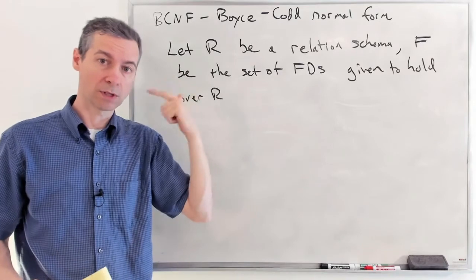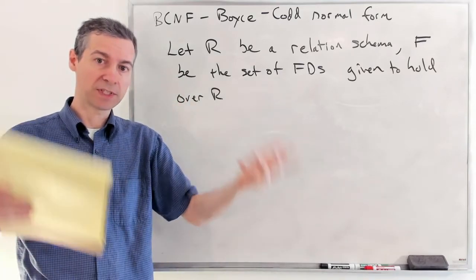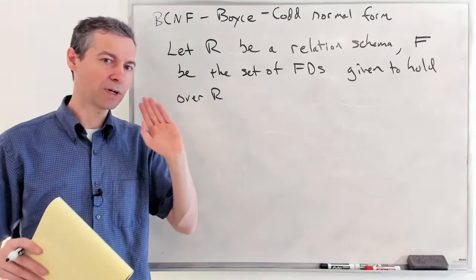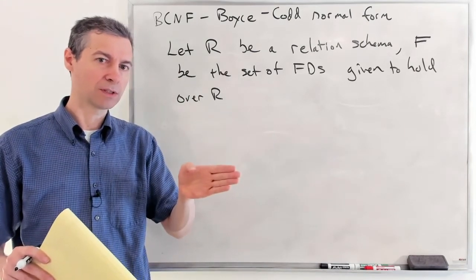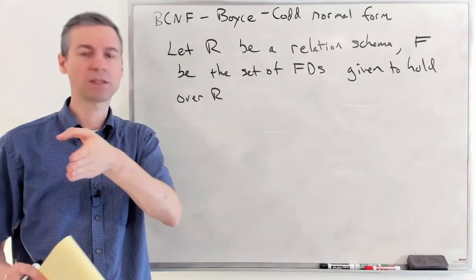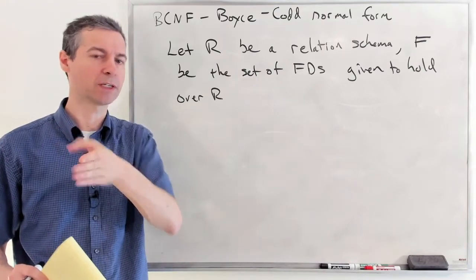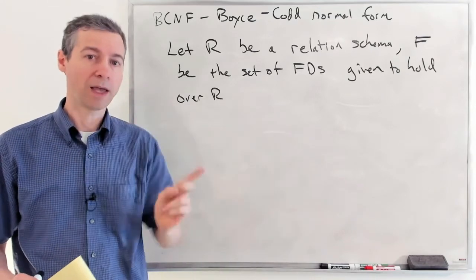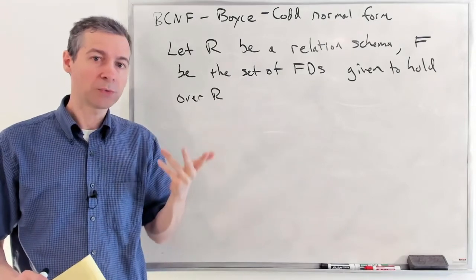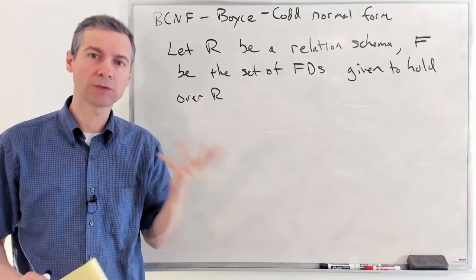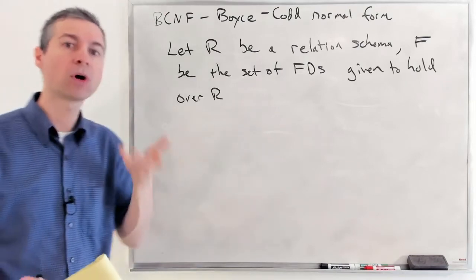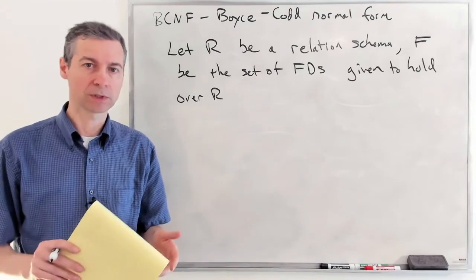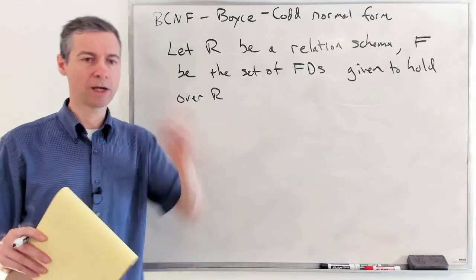By using our knowledge of the data that we are modeling and knowing, yeah, whenever I have this value here in this column, I'm guaranteed that I'm going to have this value over here. And it's always the case. If I know this, that determines this. I have a functional dependency. And you can go through and figure out what all of your functional dependencies are using your knowledge. There's no way for the system to say, I see your functional dependencies.